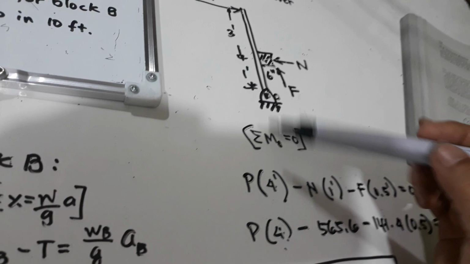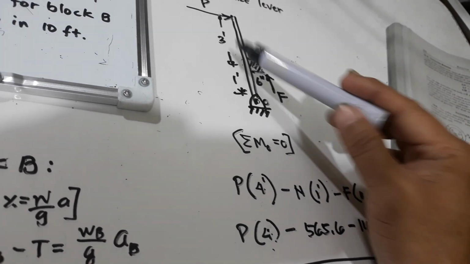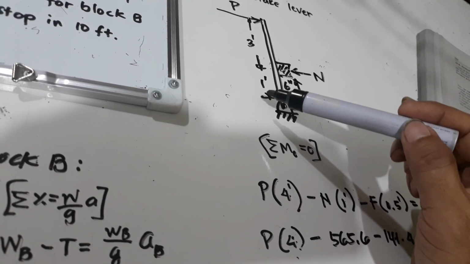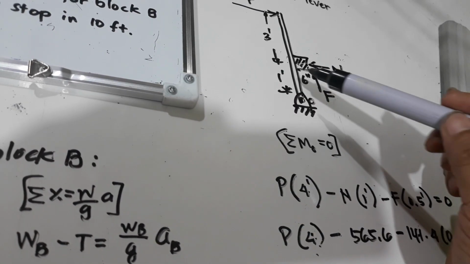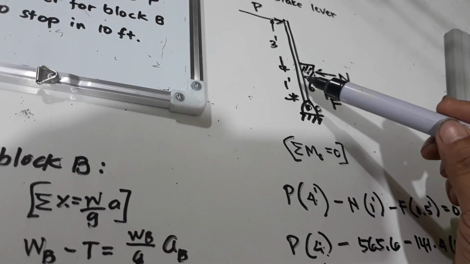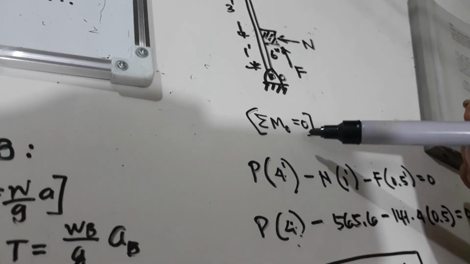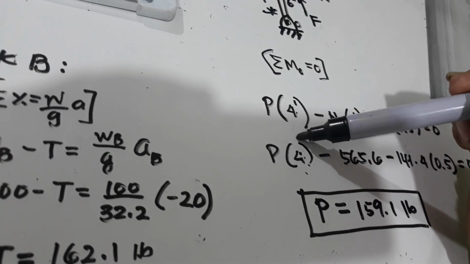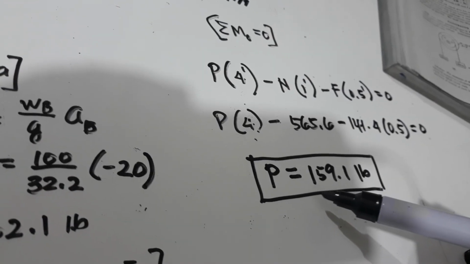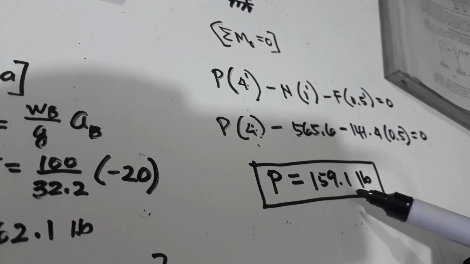Summation of moments about O is equal to 0. So P times the total distance of 4 minus N times 1 minus F times the distance of 1/2 foot, or 0.5 feet, is equal to 0. Solving for P, substituting values, P is equal to 159.1 pounds.